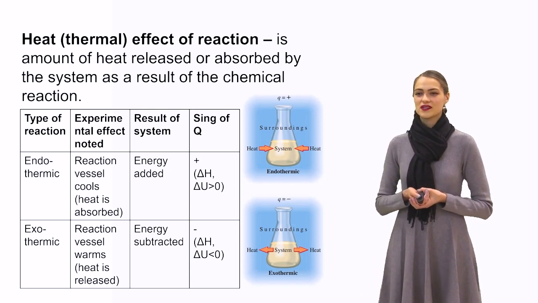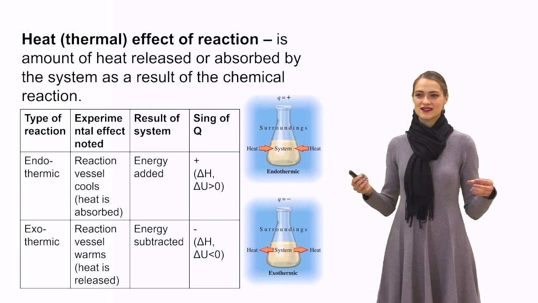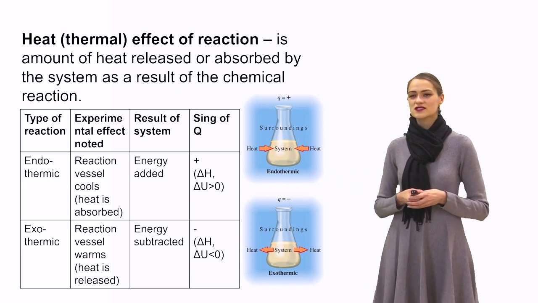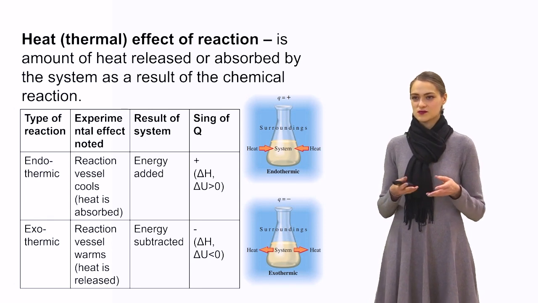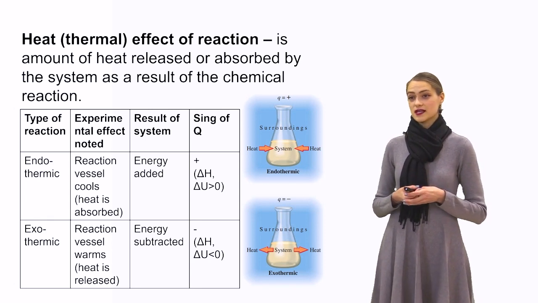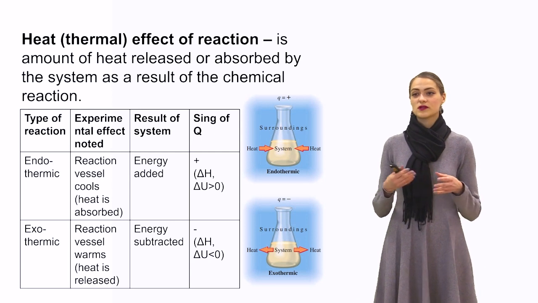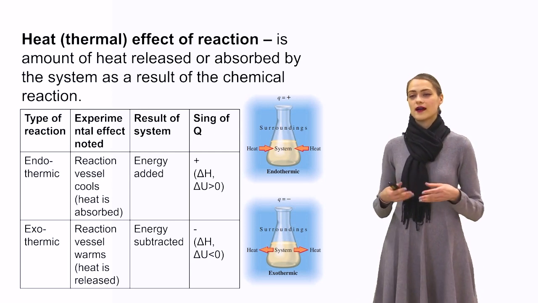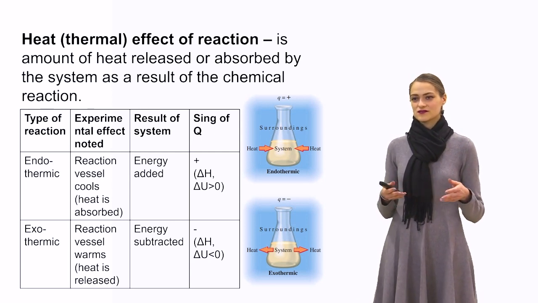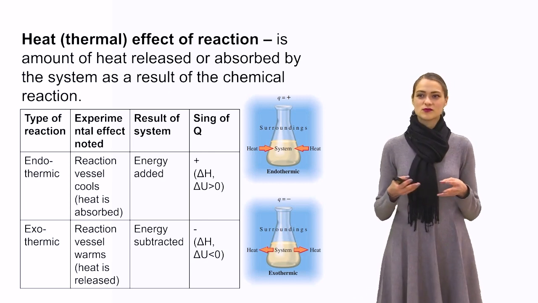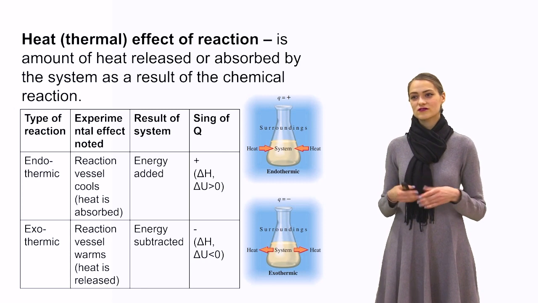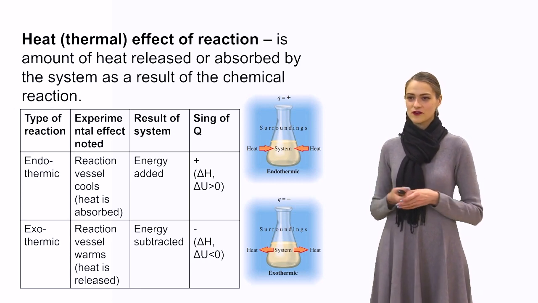We add a portion of energy, so heat goes into this system, and the sign of heat is positive, plus, and we can say that the change of enthalpy or change of internal energy is higher than zero. And of course, whether we calculate the change of enthalpy or the change of internal energy depends on conditions, isobaric or isochoric conditions.